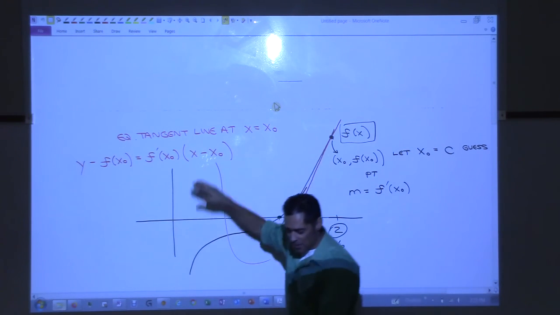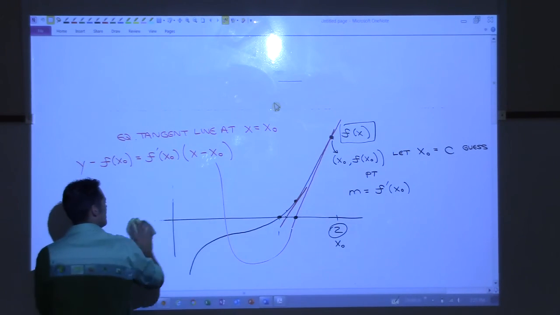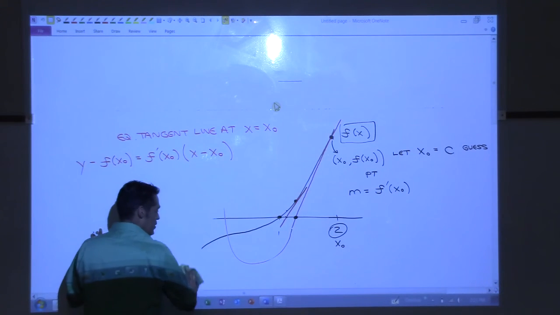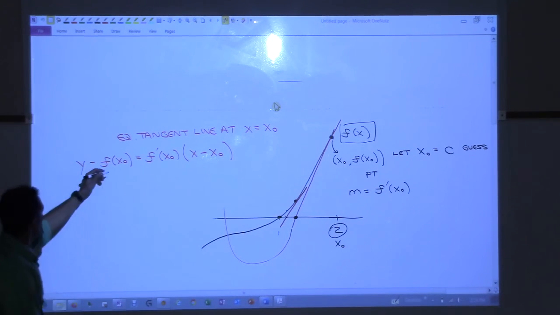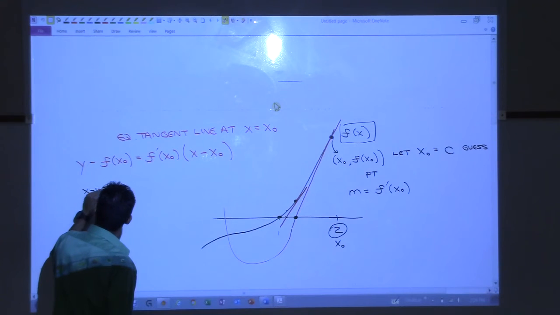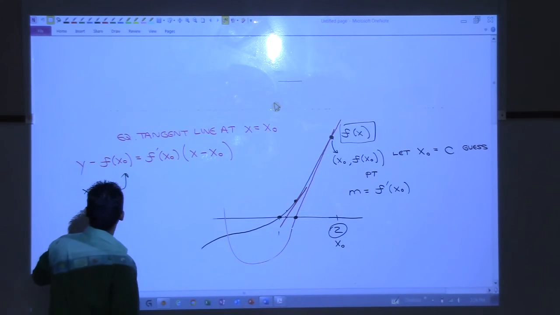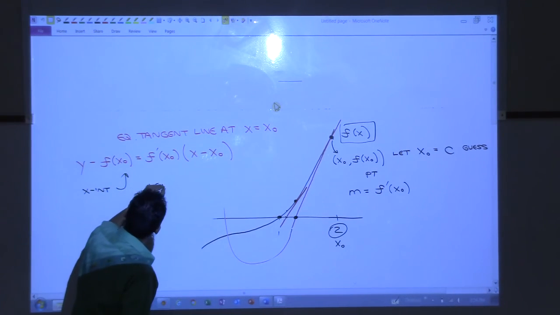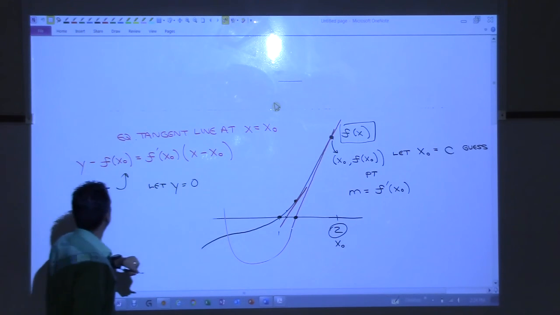So what's the x-intercept of that line? How do we find x-intercepts of lines? Plug in 0 for y, right? So now if I want to find the x-intercept, I'm going to replace y with 0.